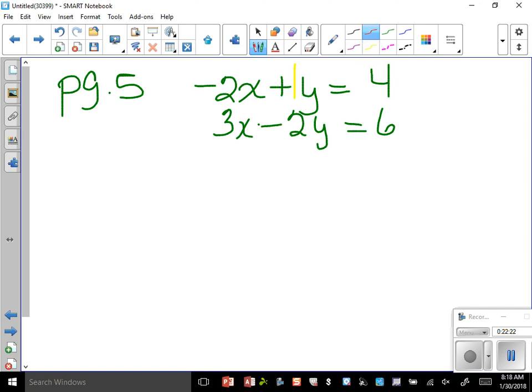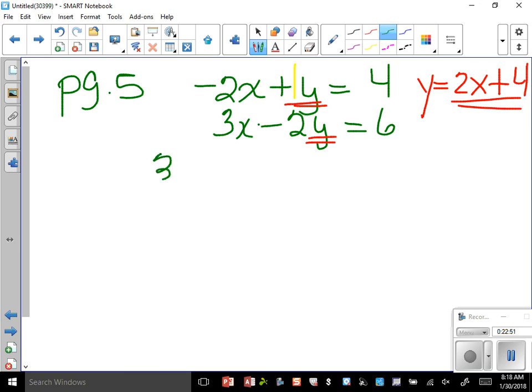So if I solve this one for y, that means I need to add the 2x to the other side. So I'm going to end up with y equals a positive 2x plus 4. Now y is called 2x plus 4. That's the name of y. So where I see y here, I will replace it with 2x plus 4.